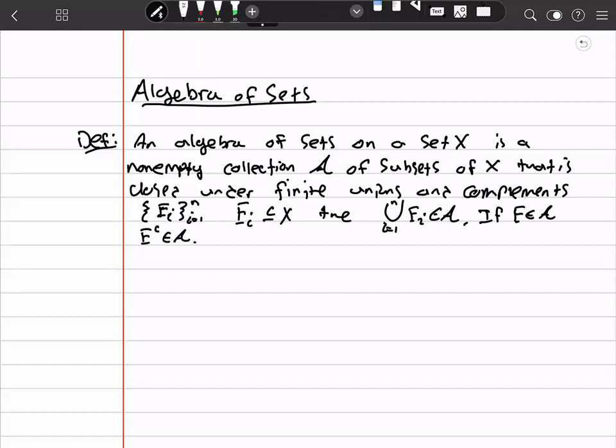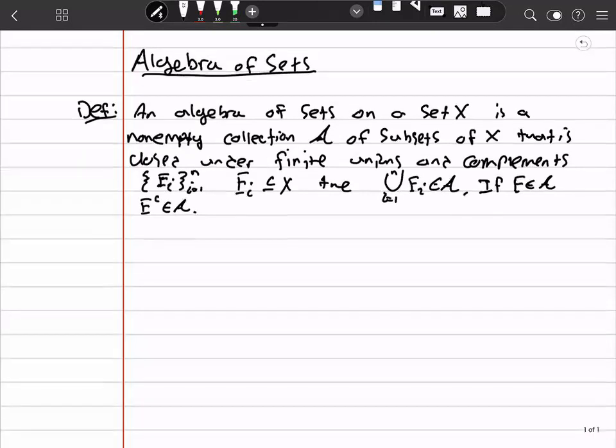So this is an algebra of sets, and we have some simple examples. Two of the simplest algebras of sets we can have: if we take the collection A to be equal to the set containing the empty set and all of X. This is a trivial algebra, or well, there's two that are trivial.